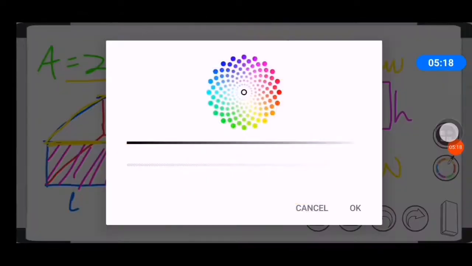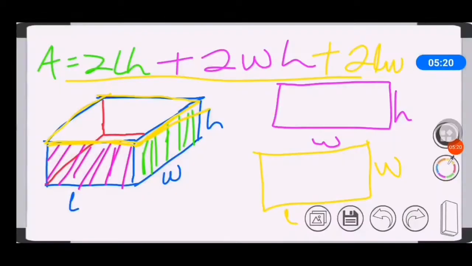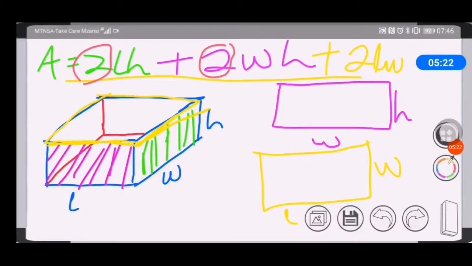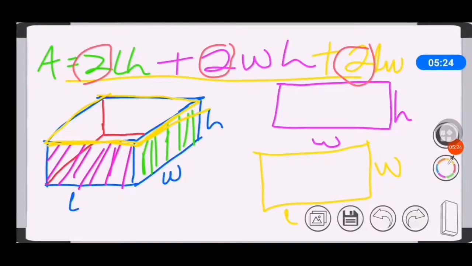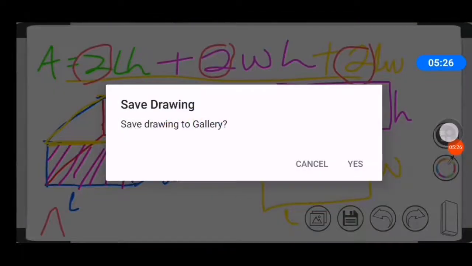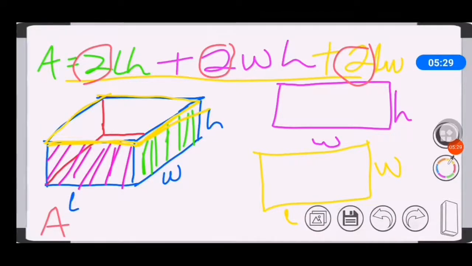However, we see that there is a common 2 in the formula. 2 is here, 2 is there, and 2 this side. Then why don't we rewrite this and have only 1 2? So this is going to be 2 times LH plus the BH, which is the breadth.